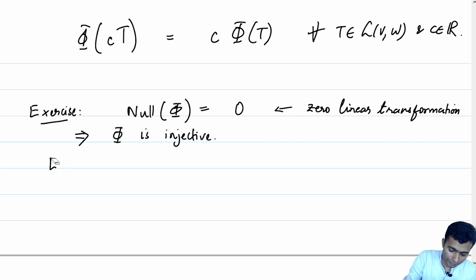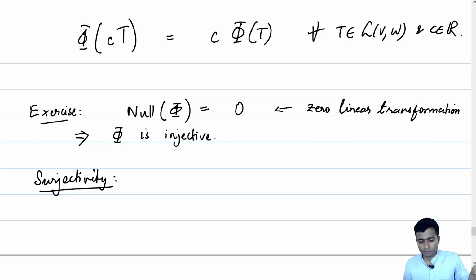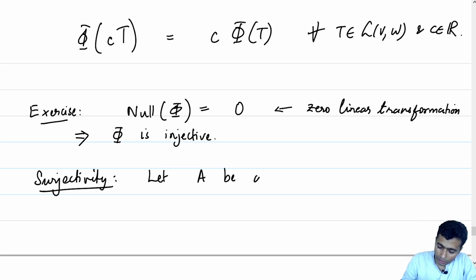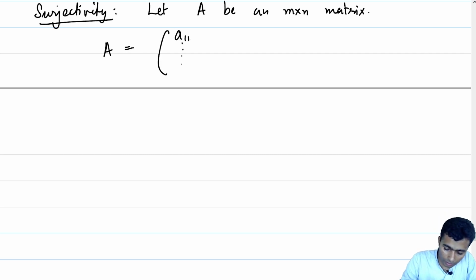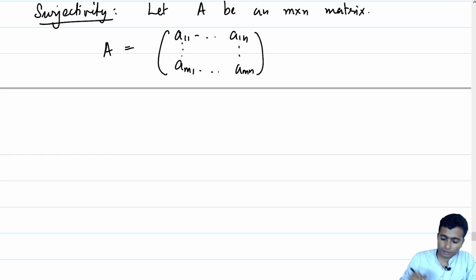Let's now do surjectivity. So let's take some arbitrary m cross n matrix. Let A be an m cross n matrix. We have seen this technique. This is what I was talking about a few minutes back. So let A be the matrix given by these entries.